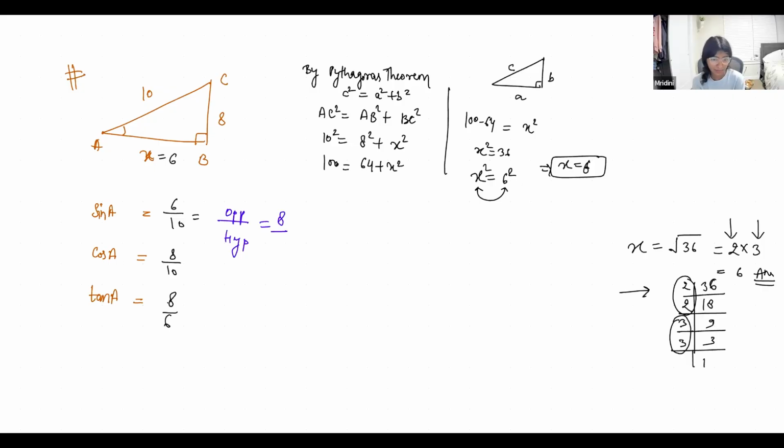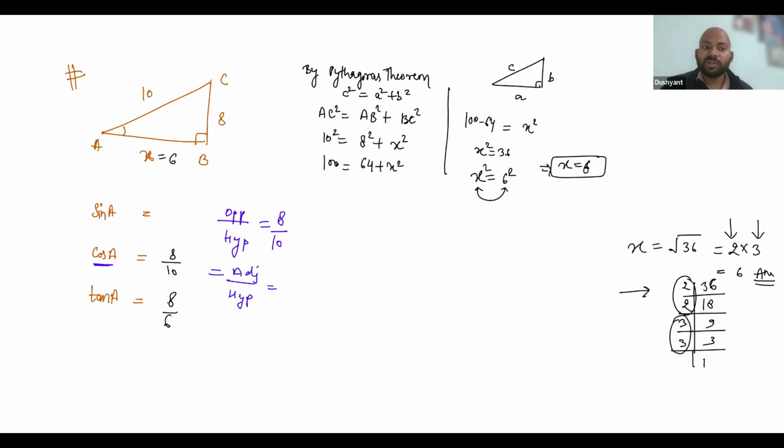And cos A will be adjacent over hypotenuse, so that's going to be 6 over 10.